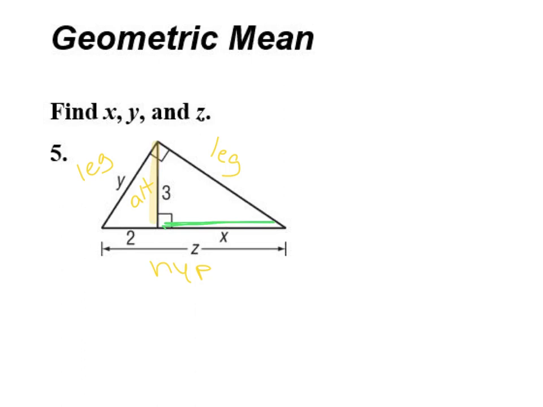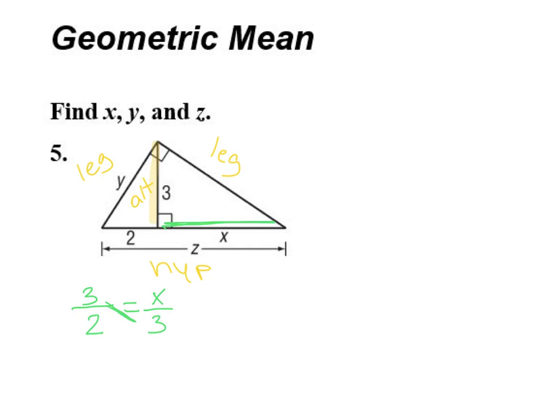The theorem says take the altitude, which is 3, divided over part of the hypotenuse, set it equal to the other part of the hypotenuse over the altitude. Because the altitude is geometric mean, they're the ones that are across from each other.